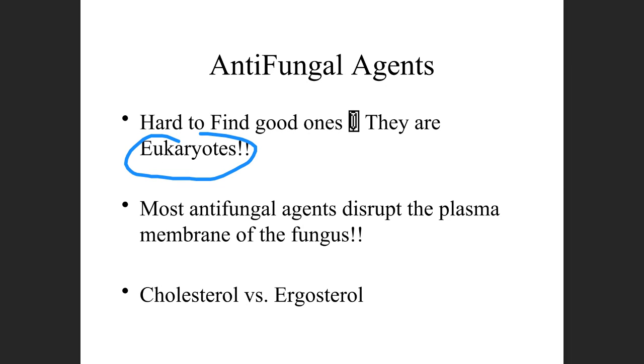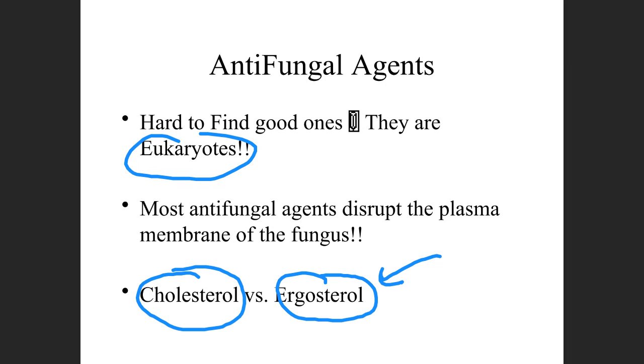One of the exceptions takes advantage of the fact that fungal organisms have ergosterol in their cell membranes. Whereas you and me, in our cell membranes, we don't have ergosterol, we have cholesterol. So some of the antifungal agents will attack ergosterol in the cell membranes of fungi and not the cholesterol in us.